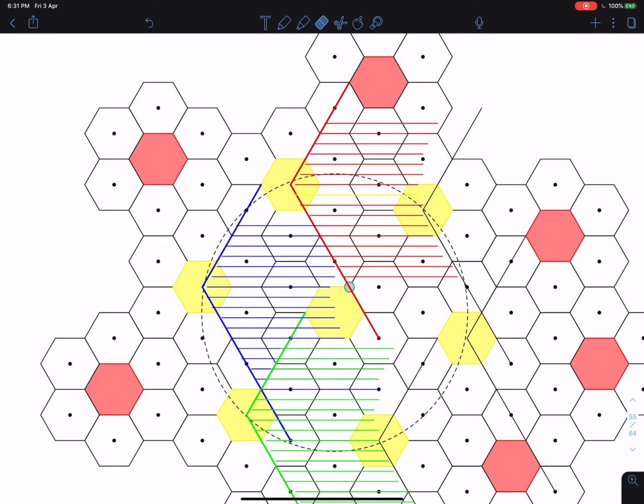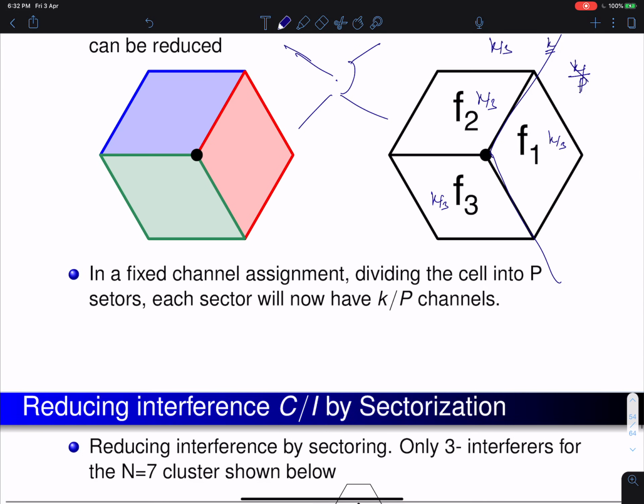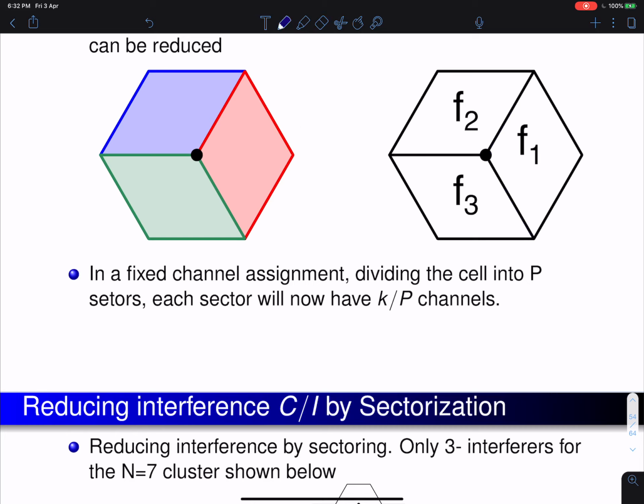So that's how you get an improvement in carrier to interference ratio. Sectoring is obviously one technique, but the disadvantage of sectoring is that we have divided frequencies within the region. Whenever you design a cellular system, you always design it keeping mobility in mind. You have to ensure that users can keep moving in the cell with no call drops.